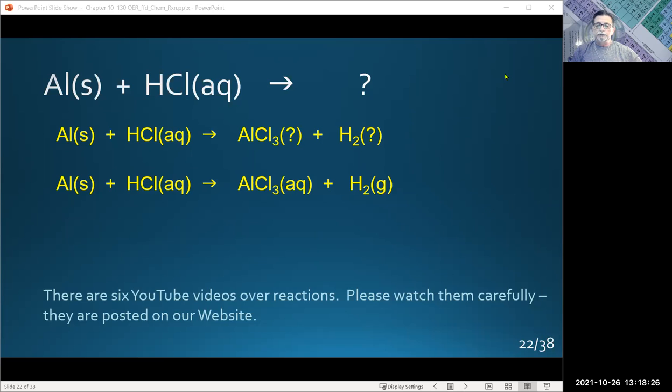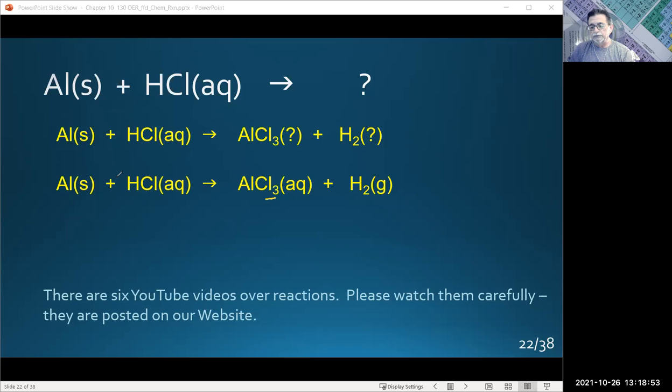To balance it, we can do a number of things, whichever one you feel comfortable with. I will go with the chlorides. There are a couple of ways to do this. This is almost trial and error, but I can focus on the hydrogens. I've got 3 chlorides here and only 1 there.